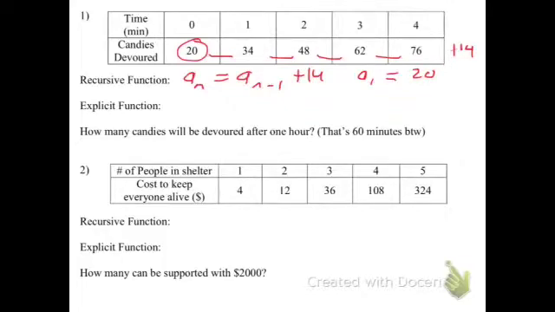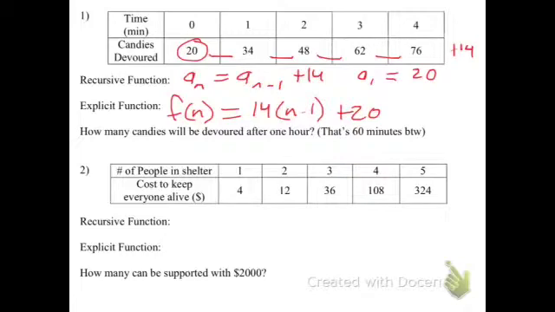The explicit one again follows the same pattern that we had on our previous assignments. If you're not sure what that is, you can look at the other videos or look at the notes that I gave you. Starts out here, then 14 goes in front of n minus 1, and then we're adding 20 on the end. Okay, so now we got that down.